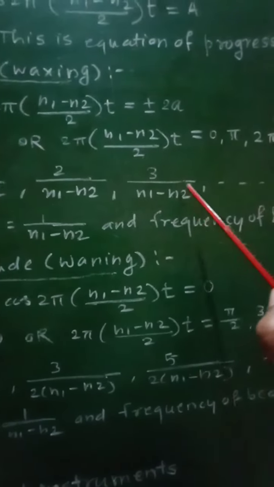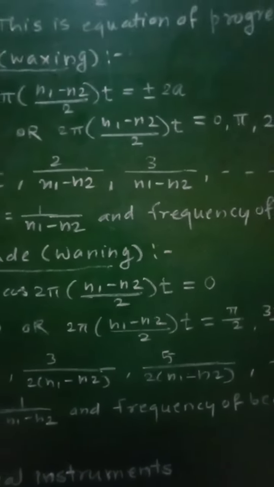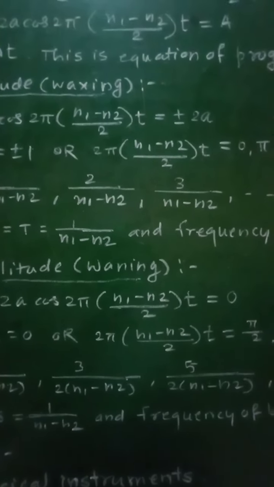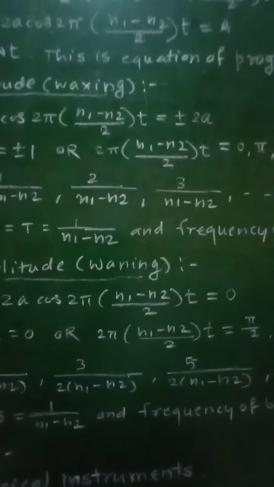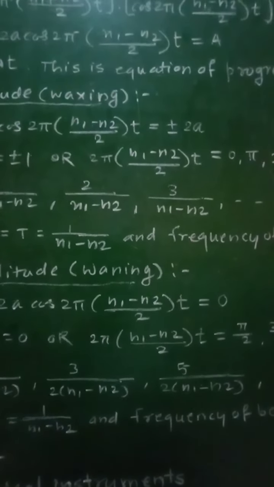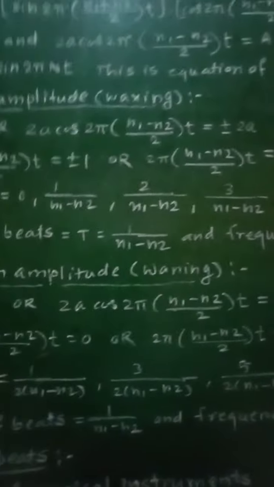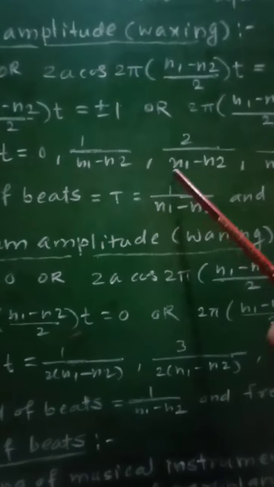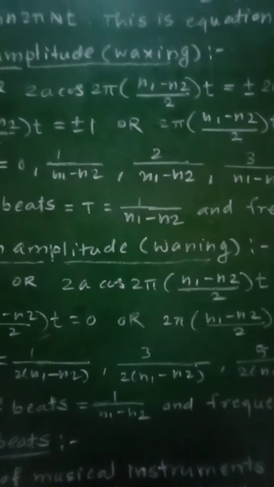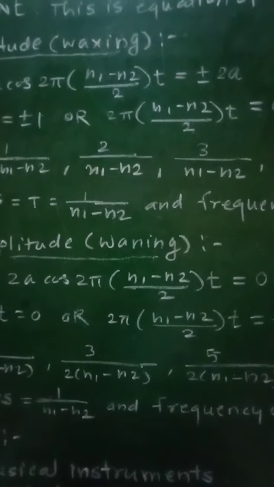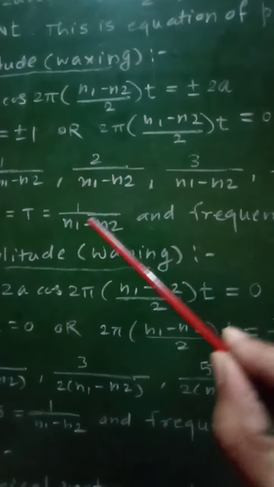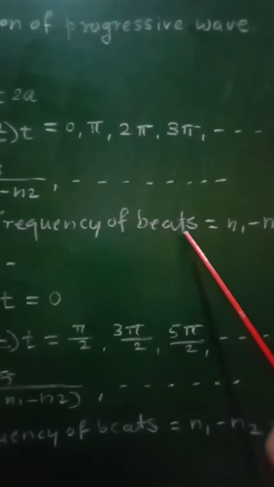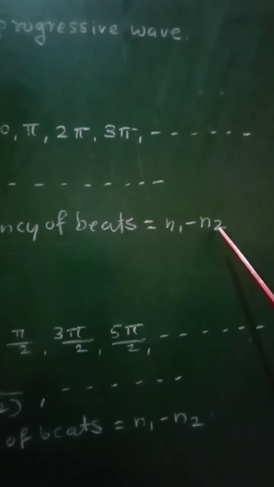So for every pair of successive time intervals, the difference will be 1 upon n1 minus n2, and this gives the period of beats. So we can write period of beats T equal to 1 upon n1 minus n2. Now we know that frequency is the reciprocal of period, and therefore if 1 upon n1 minus n2 is the period of beats, the frequency of beats will be equal to n1 minus n2.